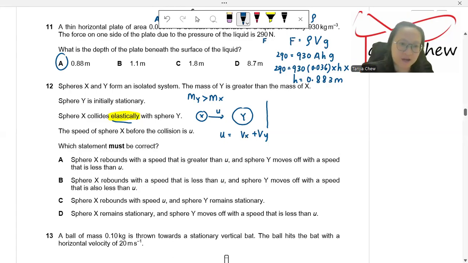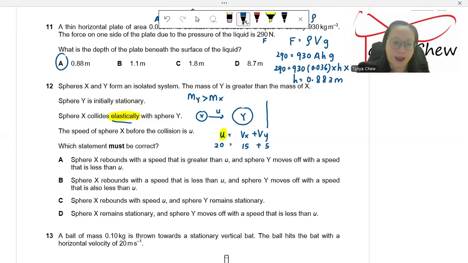Now let us look at A. Sphere X rebounds with a speed that is greater than u. Could you see that this is u? Let's say the speed of X is 20. The speed of X after that maybe is 15, plus 5 speed of Y. So could you see, to get that 20?